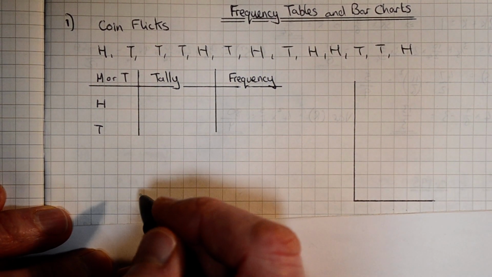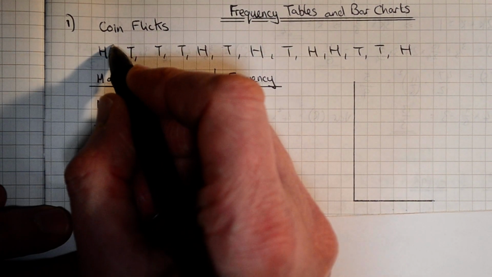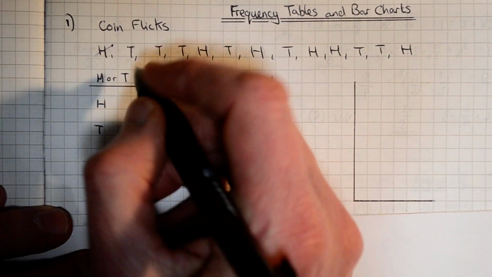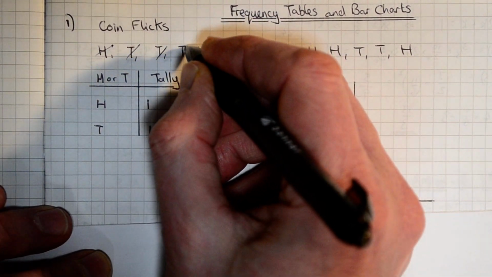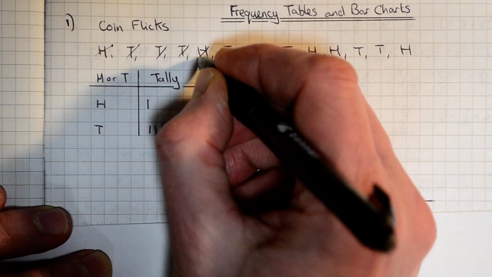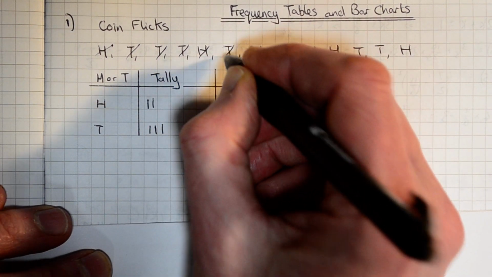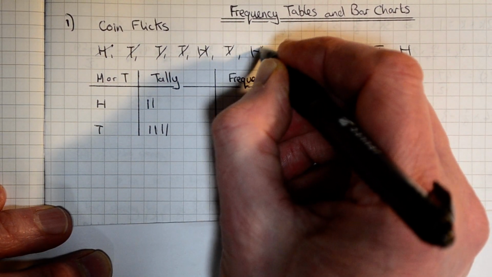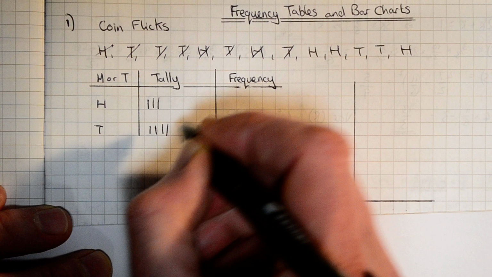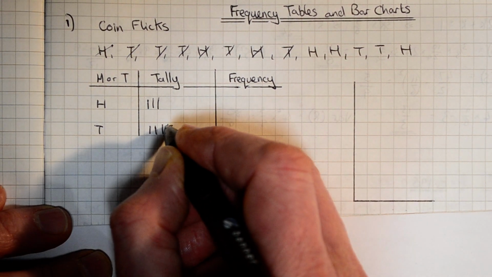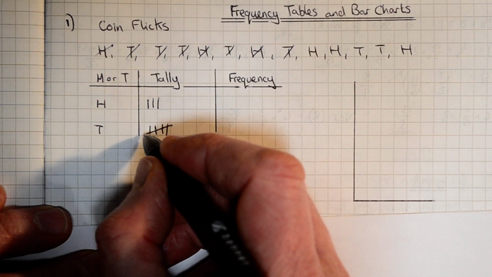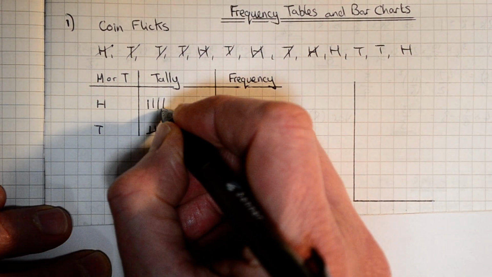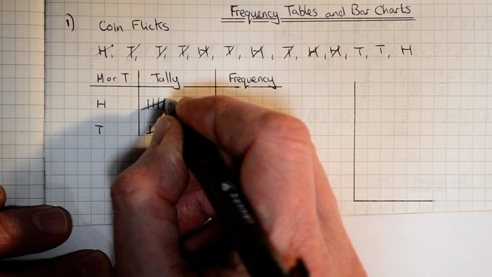You should have done tallying data before, so cross out the H and put a tally in the heads column, and same for tails. Important to work on this accurately. It's so easy to make a mistake, as often there's a lot of data to be tallied. 5th tail here, so I'll put the diagonal across to make a group of 5.